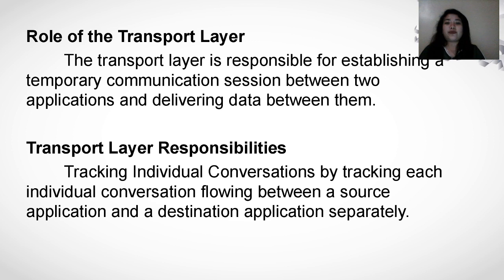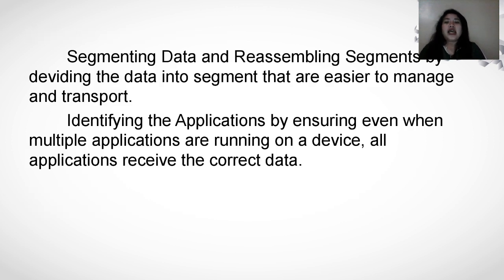Transport layer responsibilities: tracking individual conversations, by tracking each individual conversation flowing between a source application and a destination application separately. Segmenting data and reassembling segments, by dividing the data into segments that are easier to manage and transport.